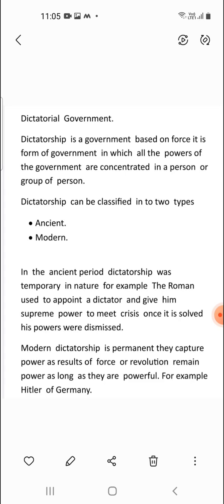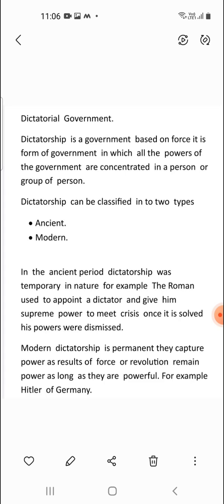Next point, in a democratic government, when a party gets the majority, it will form the government and take up administrative activities which are really helpful for the people, and the other party plays the role of opposition.